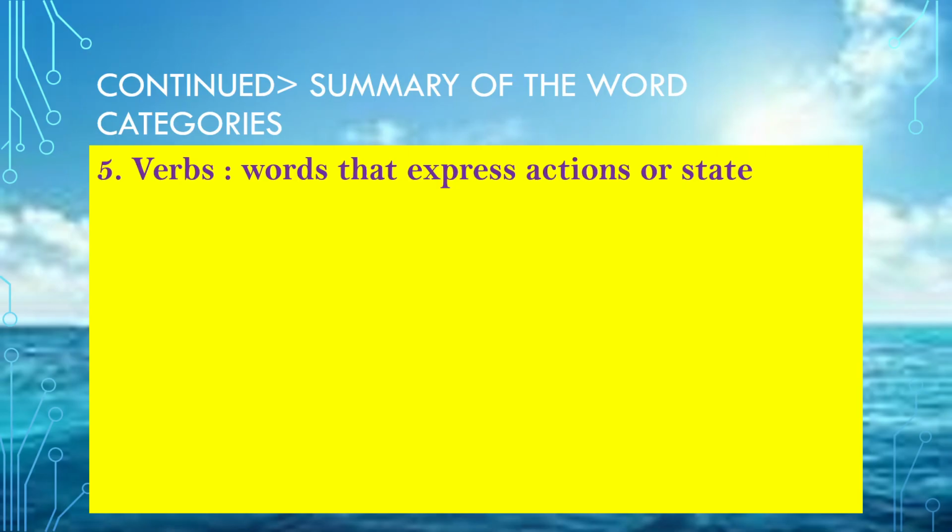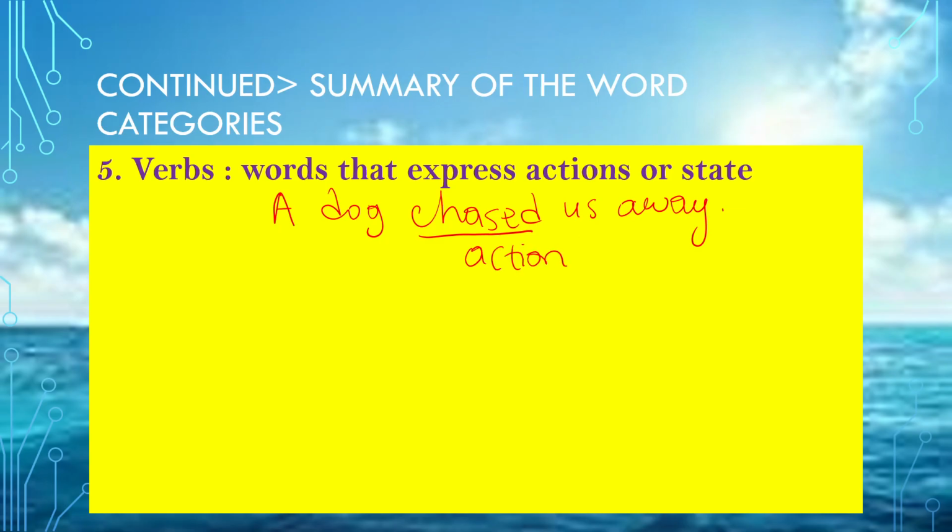We showed in a sentence a verb in which a status has been expressed and a verb in which an action has been expressed, as in, a dog chased us away. Our verb is chased. So this is an action verb. This is that action of chasing.